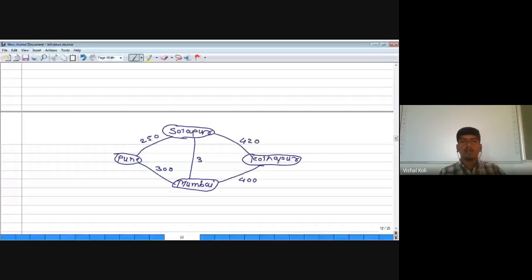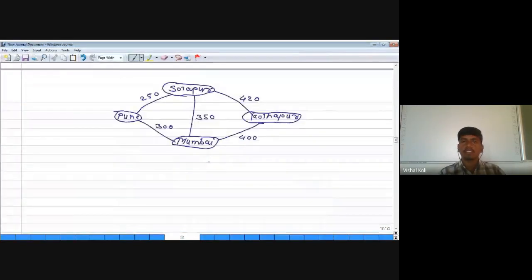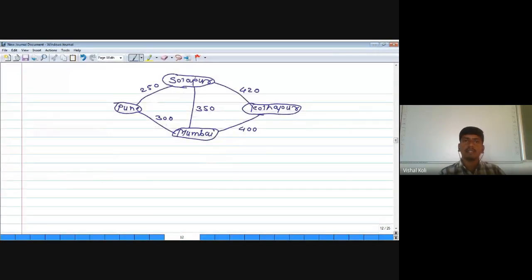So here we have drawn one graph in which there are four cities, and we have taken the distance from each city to another city. Now let us consider these cities as vertices. Suppose Solapur is the vertex V1, Kolhapur is vertex V2, Mumbai is vertex V3, and Pune is vertex V4.